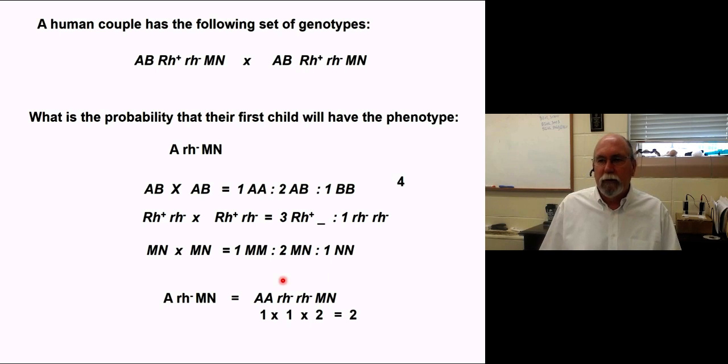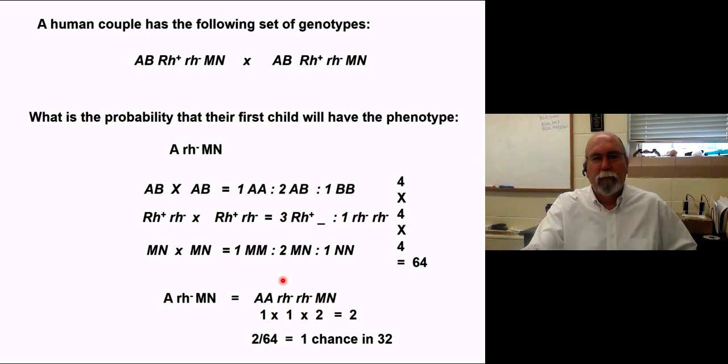Using the product rule again, we can multiply those out and see that totally we expect to be 64 parts, right? All right, so now we had 2 out of something. Well, the something is 64. So it's 2/64ths or 1/32nd if you do the proper reduction, as we would probably ask you to do, right? So 1 out of 32 children ought to be that phenotype from that mating.